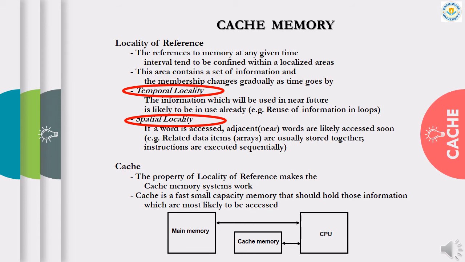In spatial locality, it works like array type memory. Related data items are usually stored together in consecutive memory locations. Instructions are executed sequentially in spatial locality, whereas in temporal locality the information is reused like a loop.